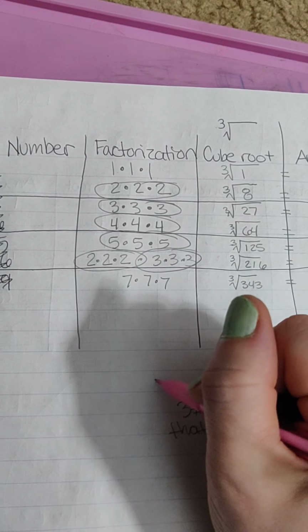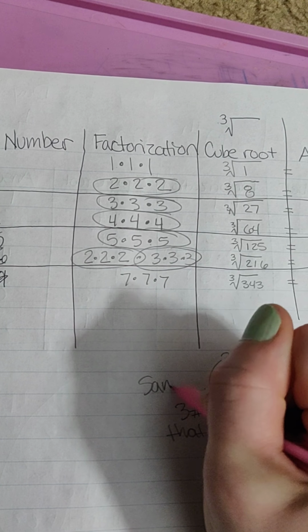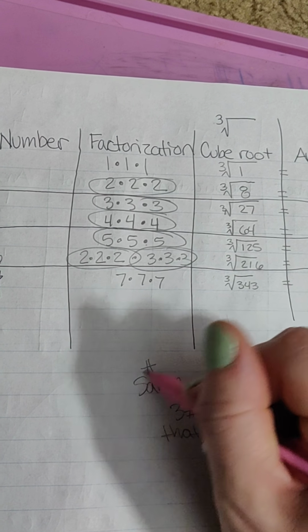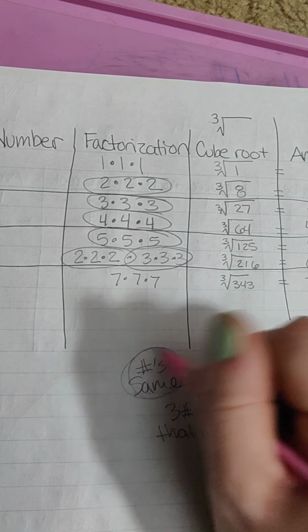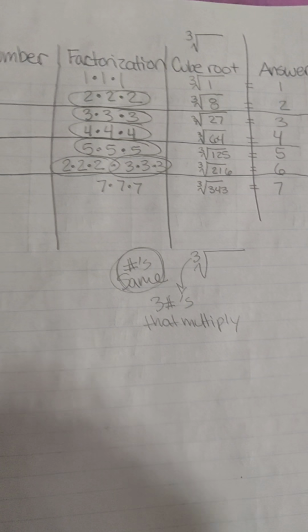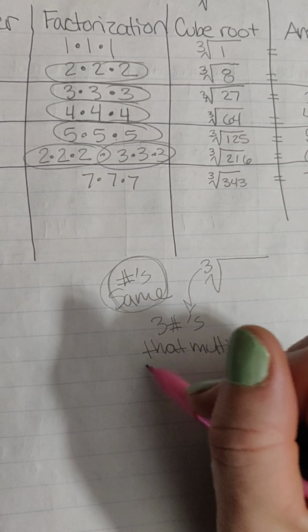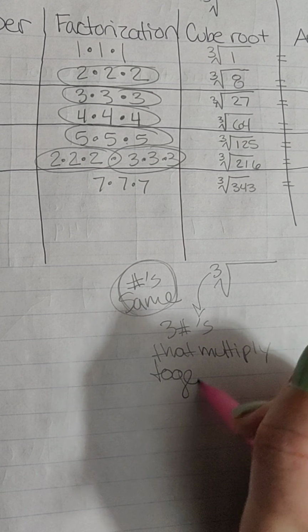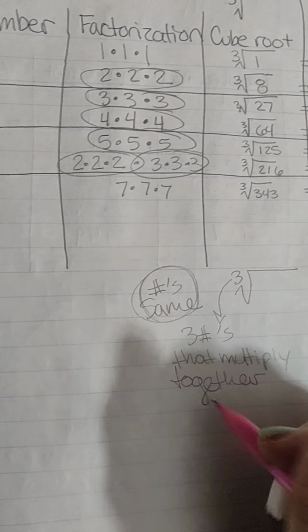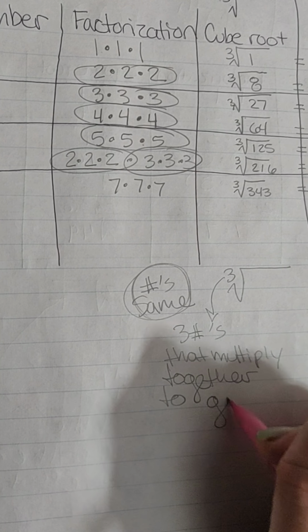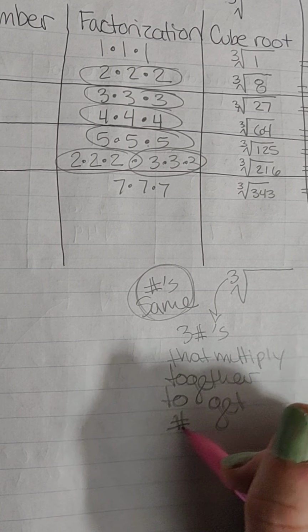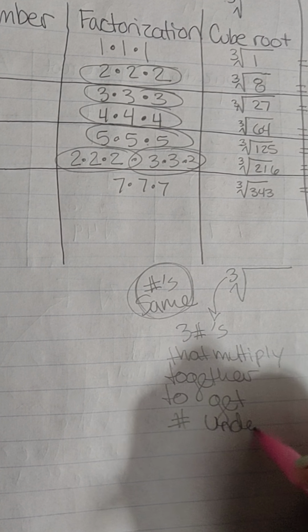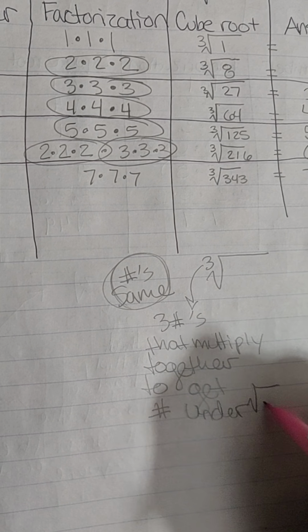Three of the same numbers. The numbers have to be the same. Three of the same numbers that multiply together to get the number under the root.